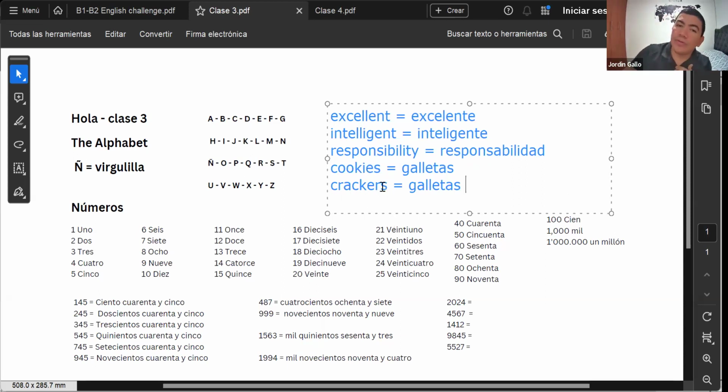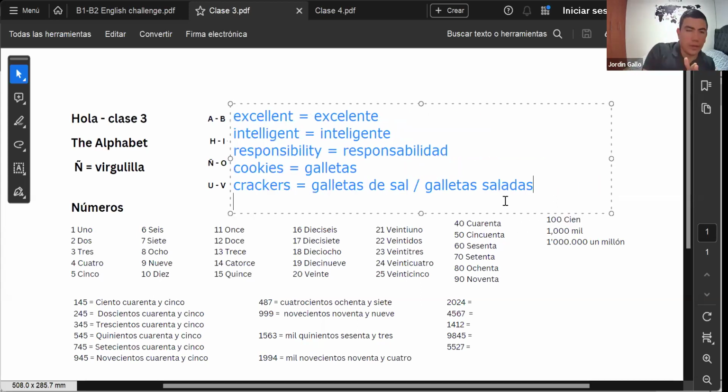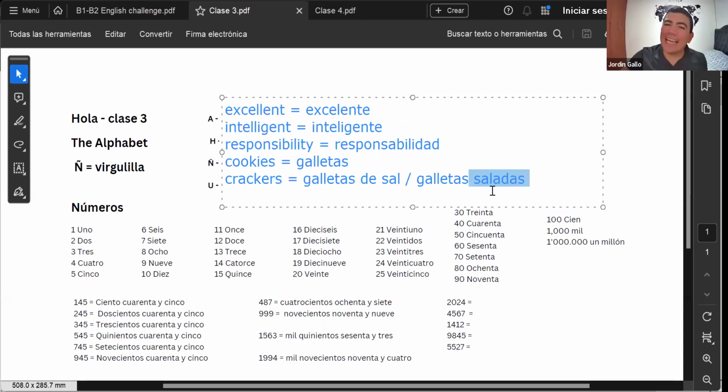When we want to refer to crackers, we say galletas de sal o galletas saladas. Okay, so cookies are galletas, crackers, galletas de sal o galletas saladas. What is saladas? It means salty. Ah, okay. Salty.